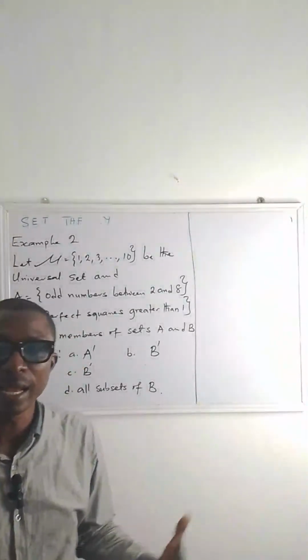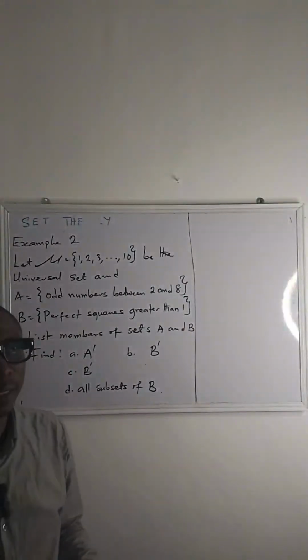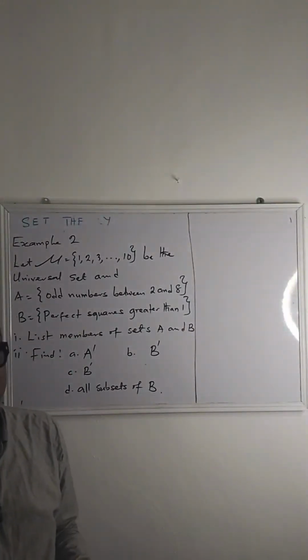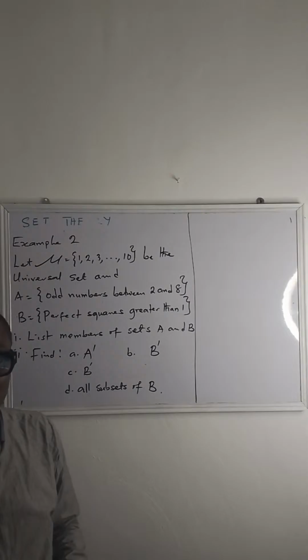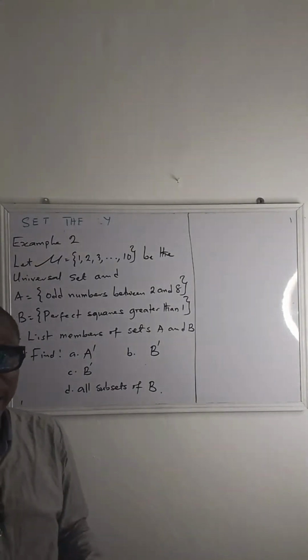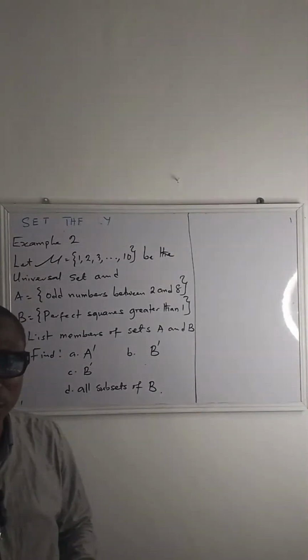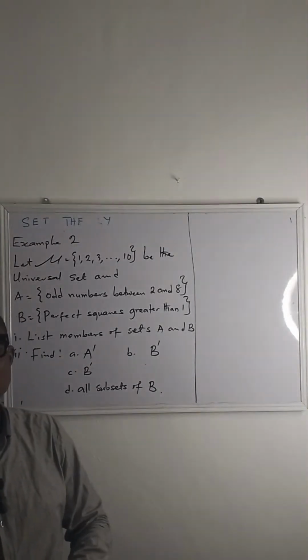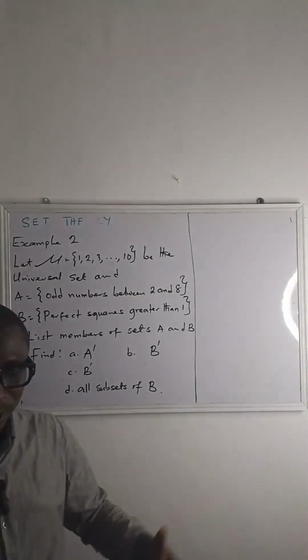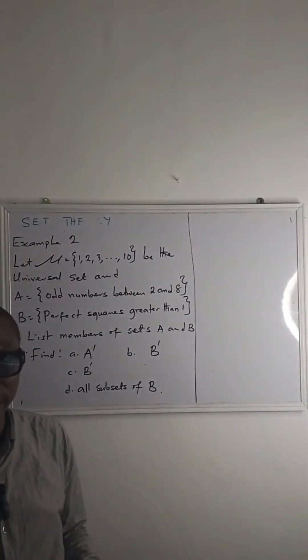If we are looking at a set of states, and now we begin to list Ogun State, Lagos State, Kwara State, and so on, we all know that the universal set containing all these sets is going to be Nigeria.